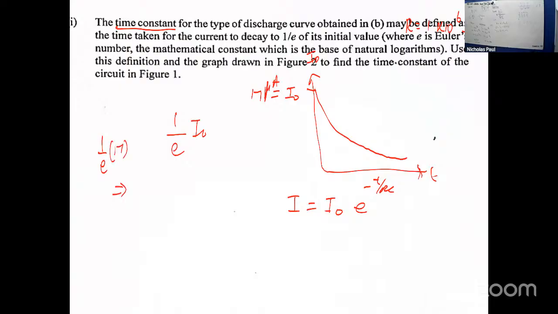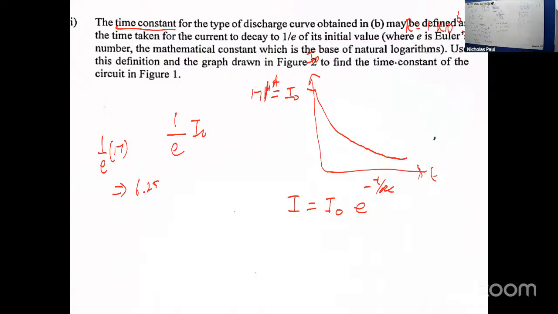Use the calculator. 17 divided by e to the power of 1. You're looking for e on the calculator. 6.25.